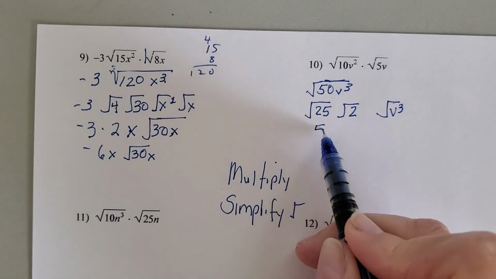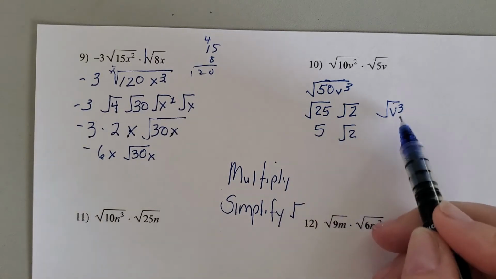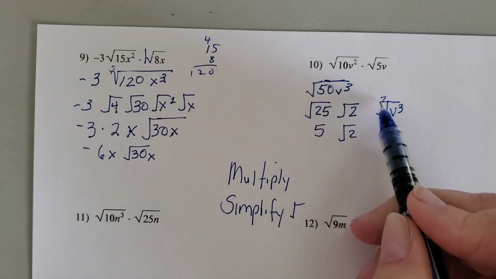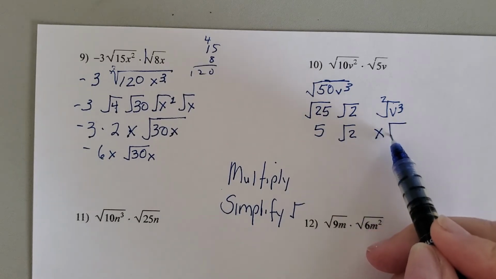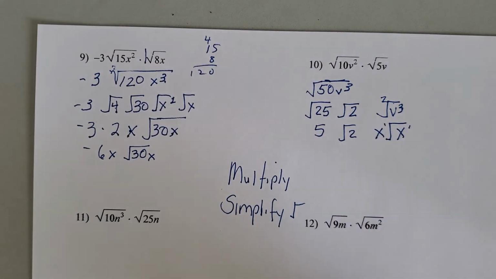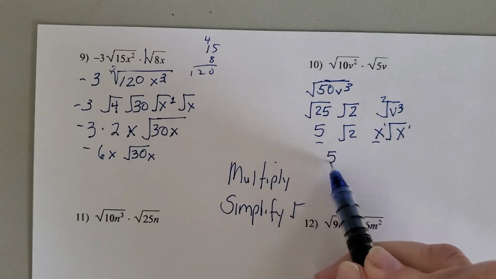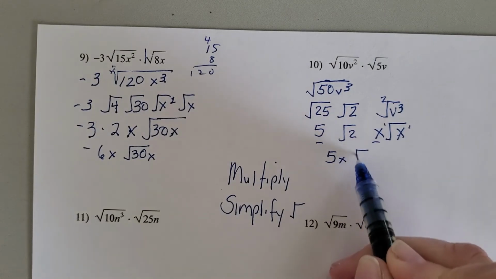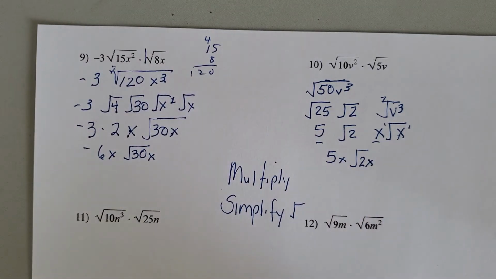So this is a 5, no radical sign. This is a 2, can't simplify it. And if we use that little shortcut, 2 goes into 3 one time, so that's outside, and there's 1 left over, so there's a first power left inside. Okay, and if we multiply things that are outside, we get 5v, multiply what's inside, we get radical 2v. Okay?